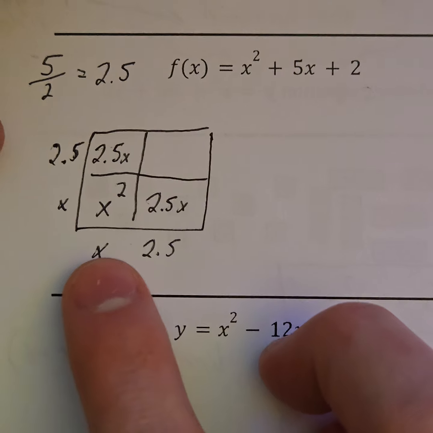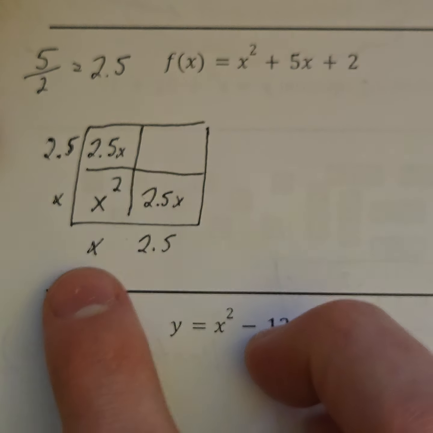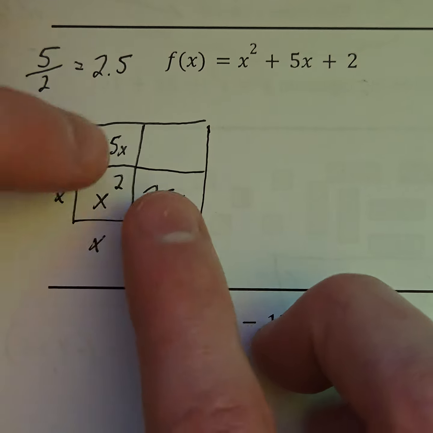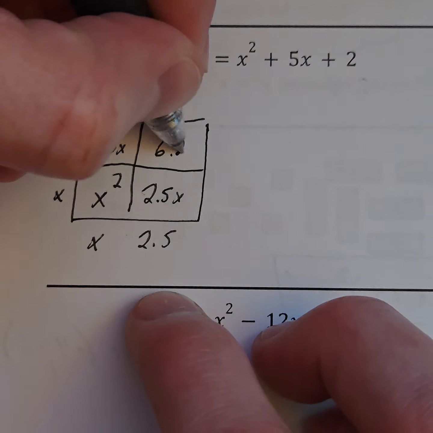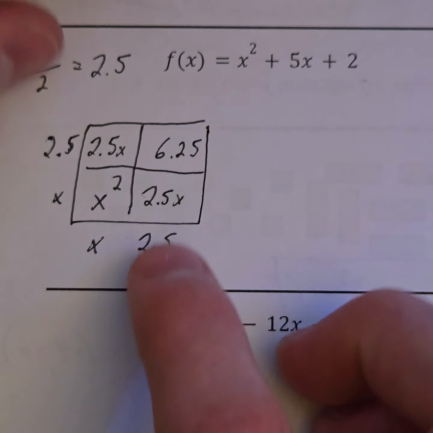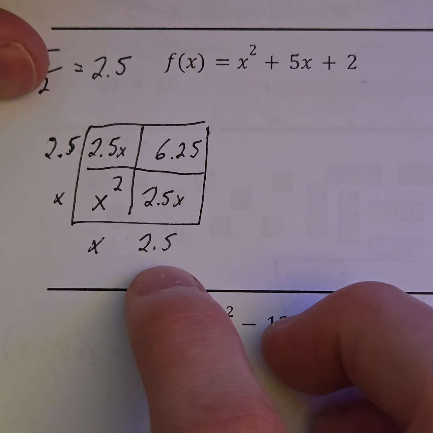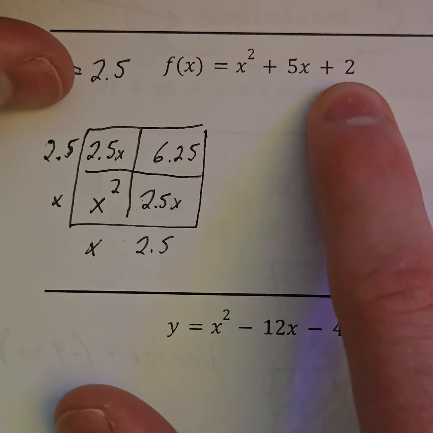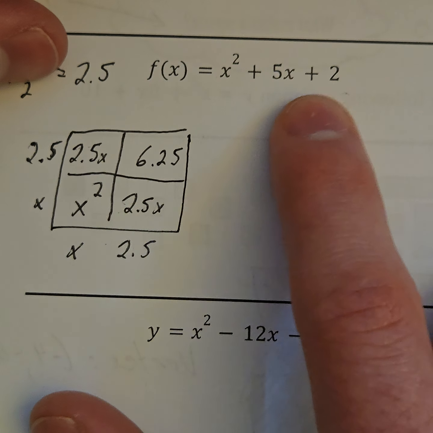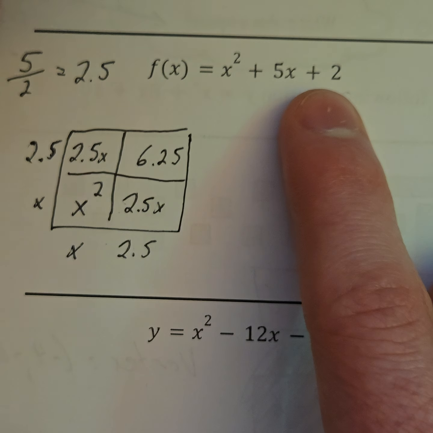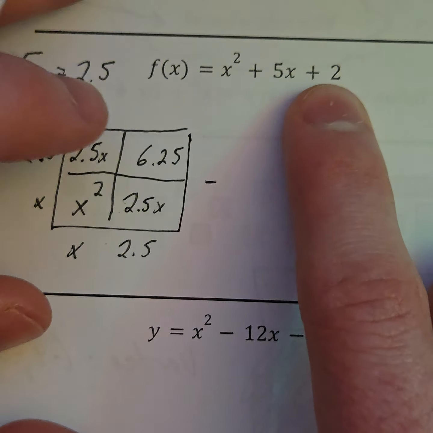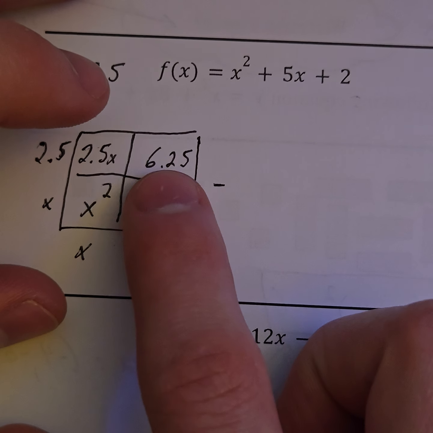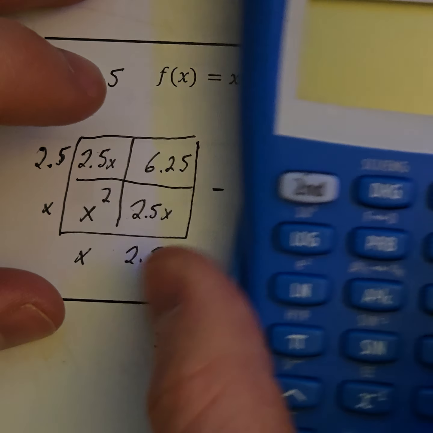Now the number that I would get here, if I take 2.5 times 2.5, you get 6.25. Not 5 again, we're multiplying. Just remember you're multiplying. Now I have 6.25. I need to get down to 2, so I need to subtract. If you're struggling with this part, to know how much you need to subtract to get down to 2, you can just subtract these 2 numbers.